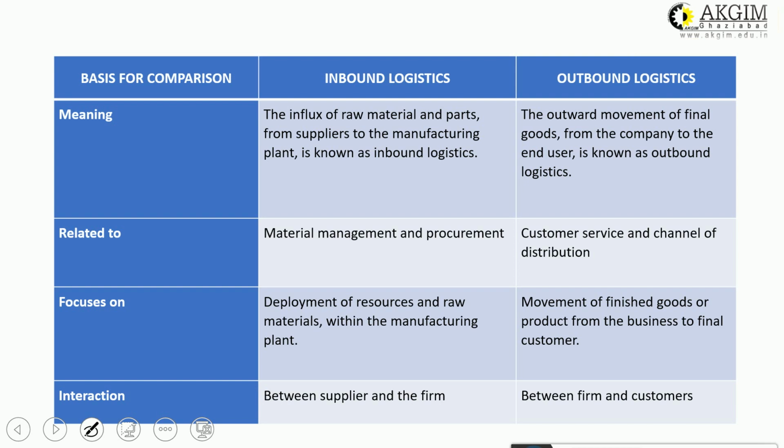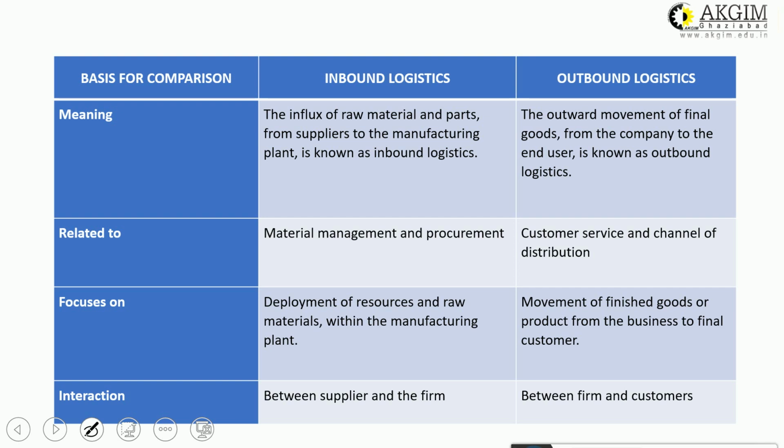So inbound is more related to supply, whereas outbound is more related to demand. It focuses on deployment of resources and raw material within the manufacturing plant, whereas outbound logistics focuses on movement of finished goods or products from the business to the final customers.